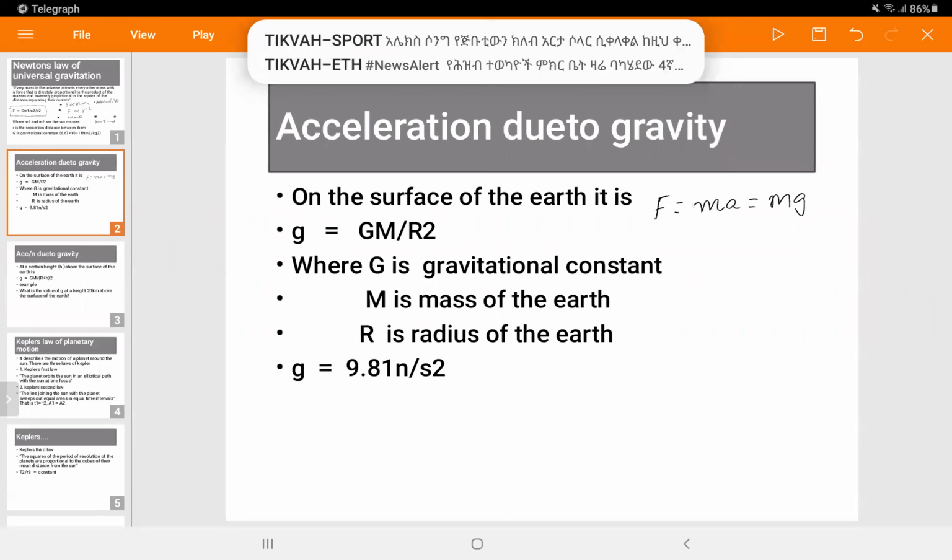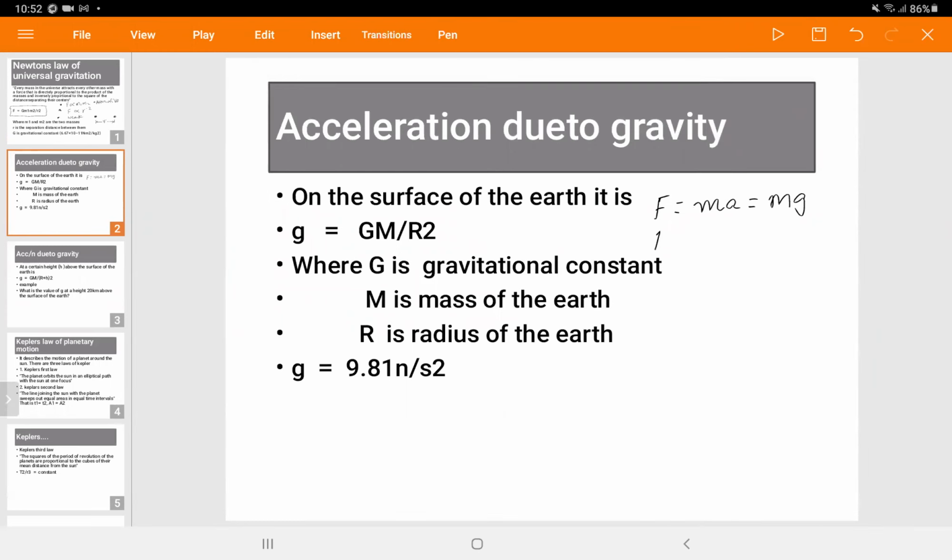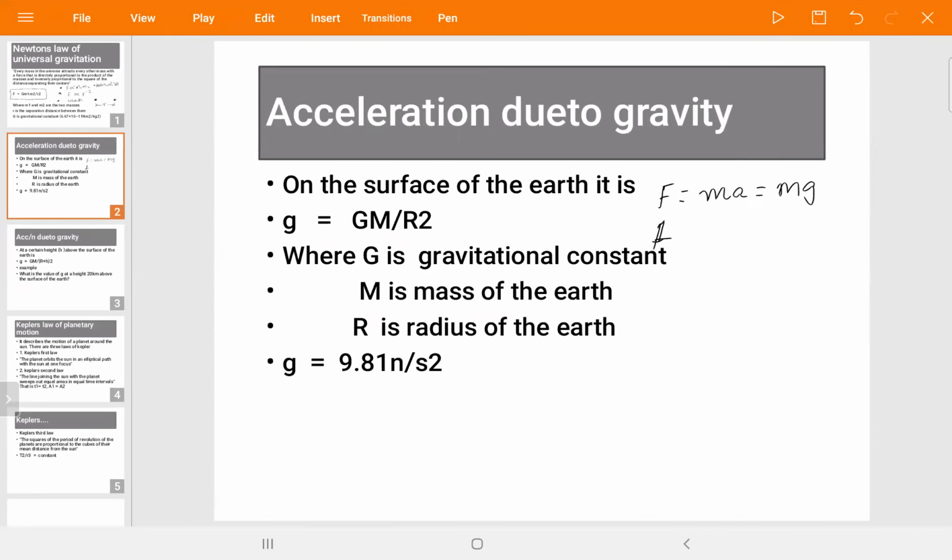And we have said that the gravitational force is expressed by G times the mass of a body, maybe near the surface of the Earth, times the mass M over r squared.